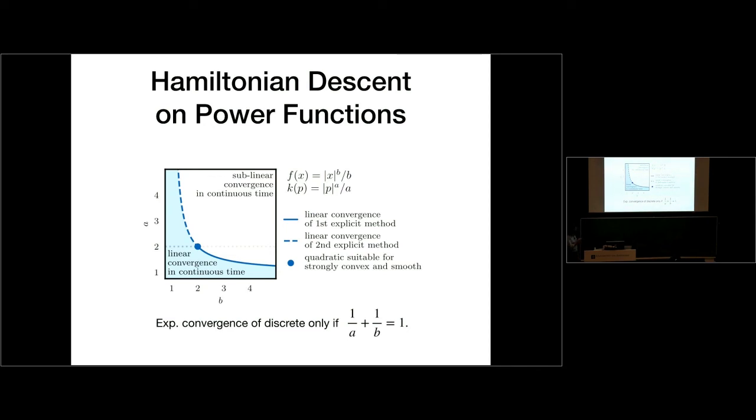And the second explicit method converges exponentially fast for B less than or equal to 2, so long as A satisfies the same equality. Just to drive it home, where before we were sitting on the dotted line with only one point where you can get exponential convergence, we now have this entire line of B, A pairs where you can get exponential convergence.